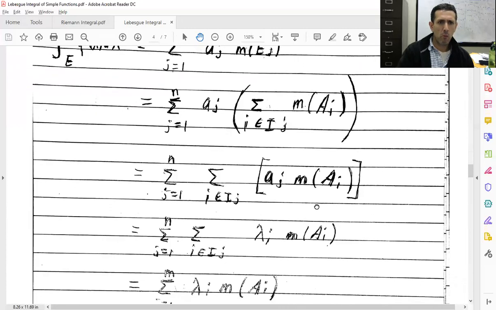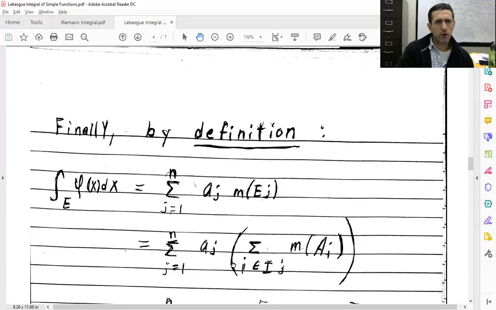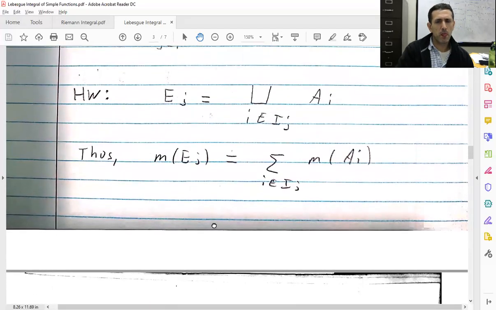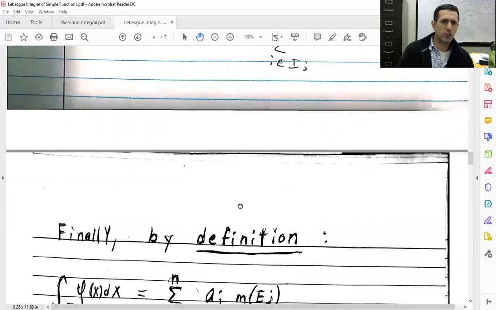But this is going to be just a sum i equals 1 to m, because I said that the set of all natural numbers from 1 to m is going to be the disjoint union of these I_j's. So there are no repeats when we take this sum.